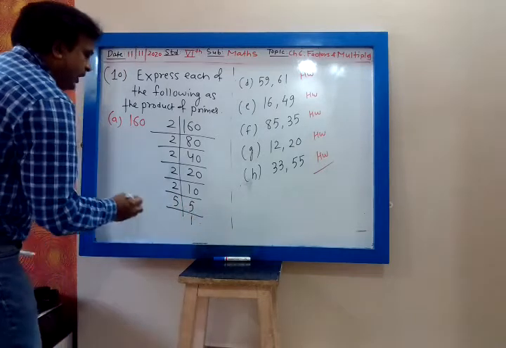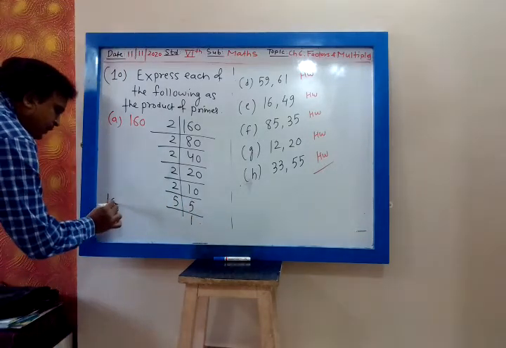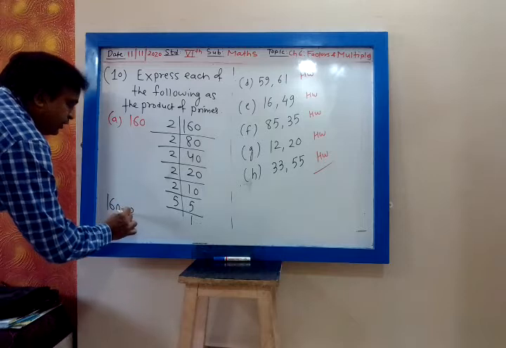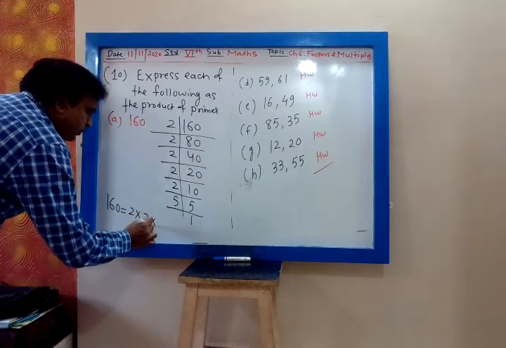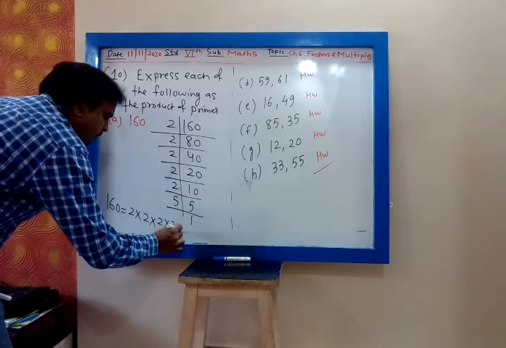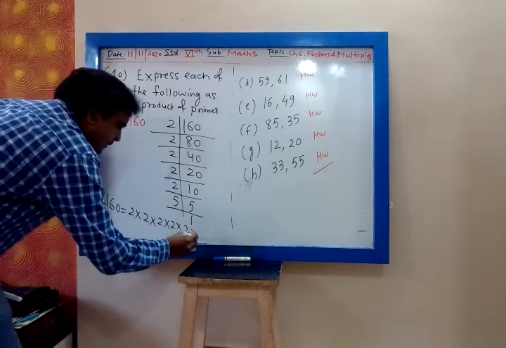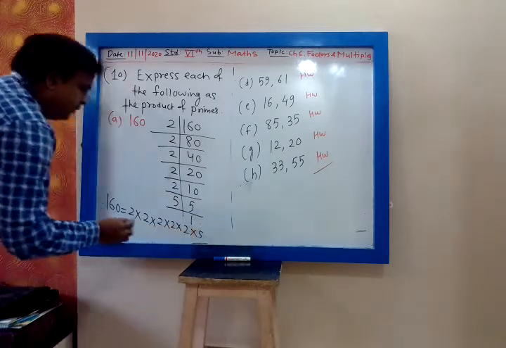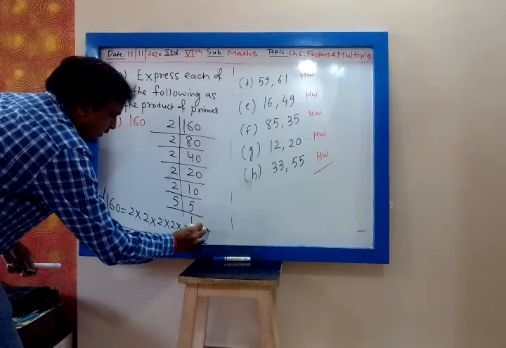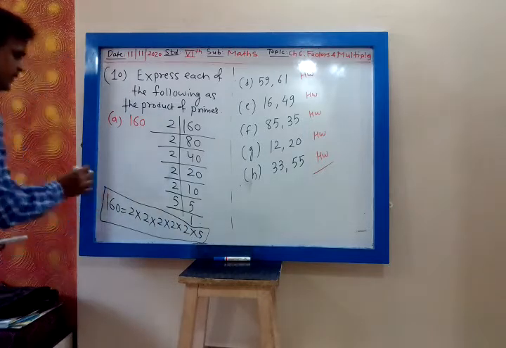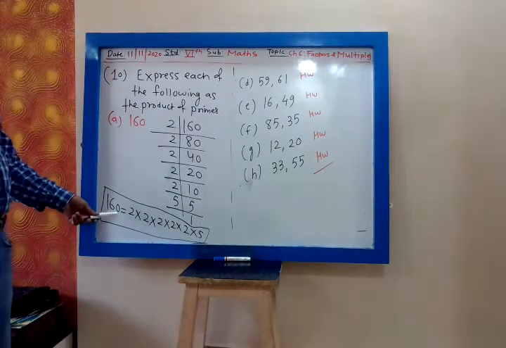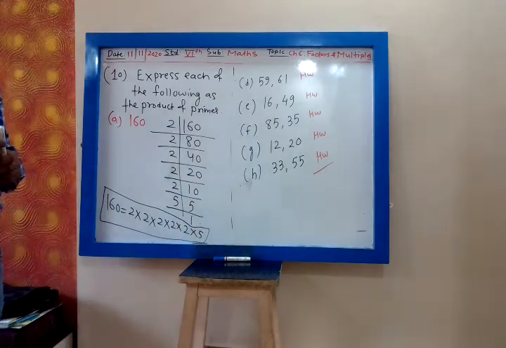So you will write 160 as 2 into 2 into 2 into 2 into 2, five times, into 5. This is the answer. So we have expressed 160 as a product of primes.